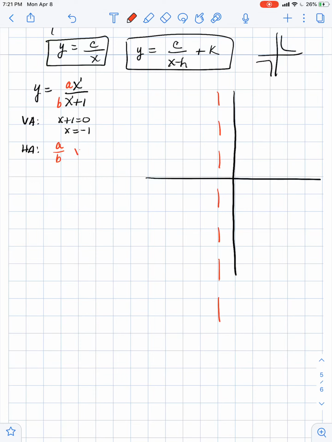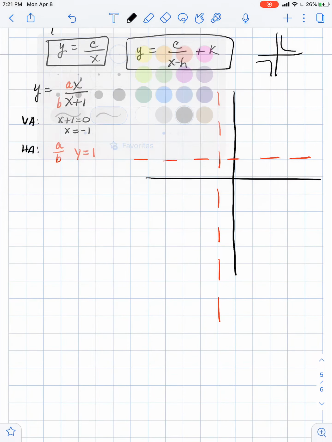And so we know that y equals 1 will be my horizontal asymptote. Okay, so in a little bit, if we put a 2x over x plus 1, then my horizontal asymptote would be at 2. Okay, so those are the two things we'll start with.